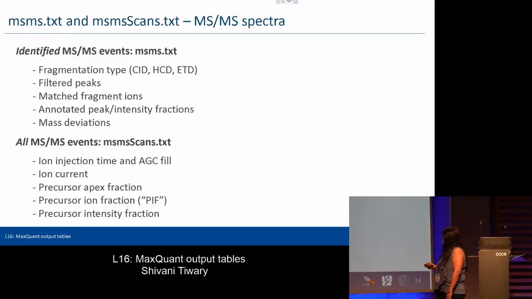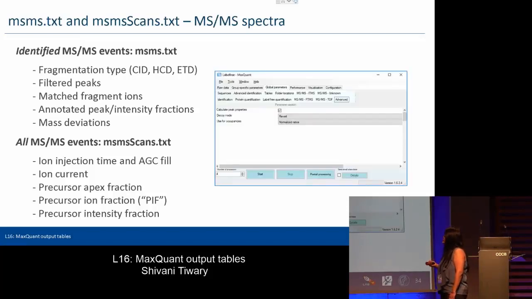Then there are these parameters we will discuss in detail: precursor apex fraction, precursor ion fraction, and precursor intensity fraction. If you open your MSMS scans table, maybe you see these columns as 0. Then maybe you have to check the calculate peak properties option.